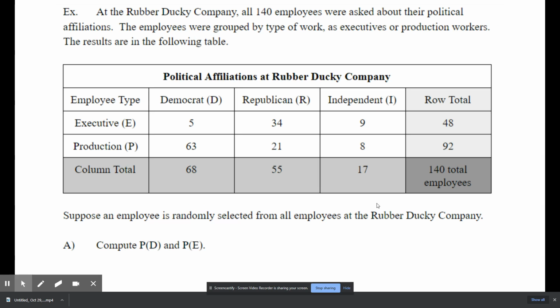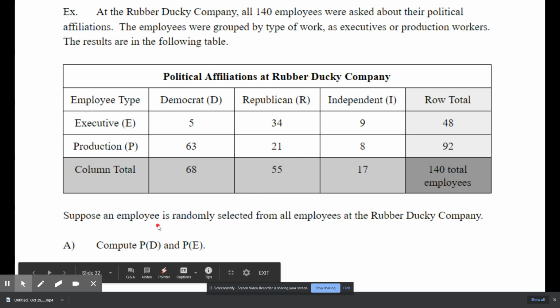As another example, this is a two-way table showing the political affiliations at the Rubber Ducky Company. We've got executive E, production P, and total. We've got Democrat, Republican, Independent, and total. 140 total employees. If we wanted to pick a random employee from the Rubber Ducky Company, what's the probability that we would get a Democrat and then an executive?